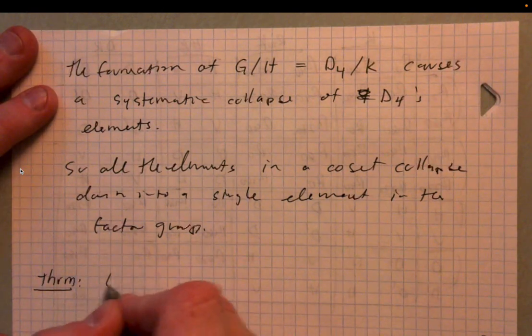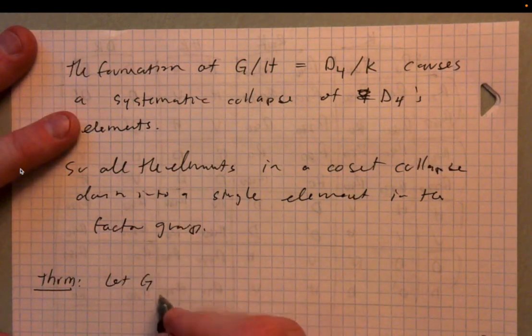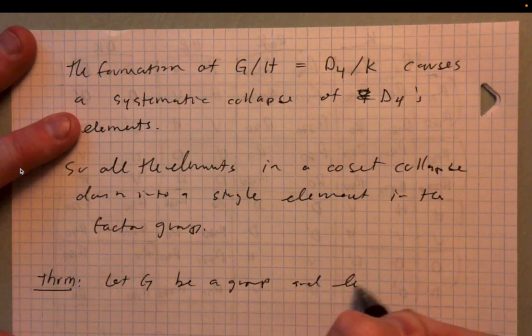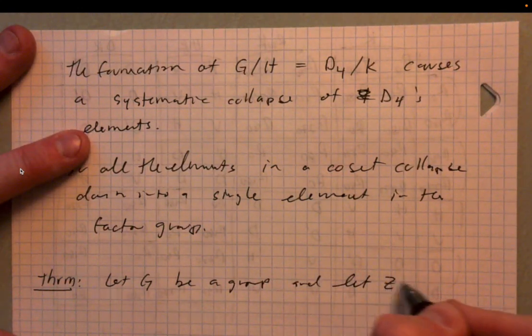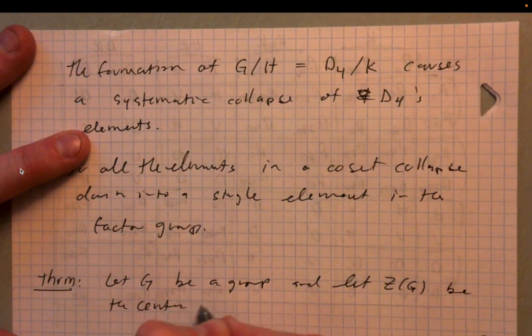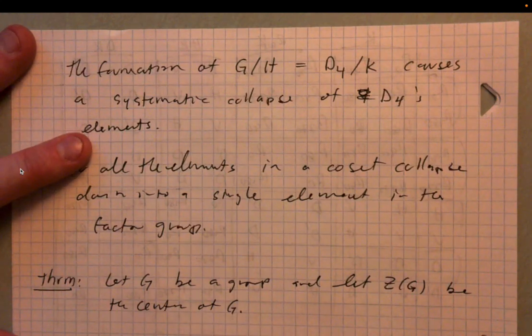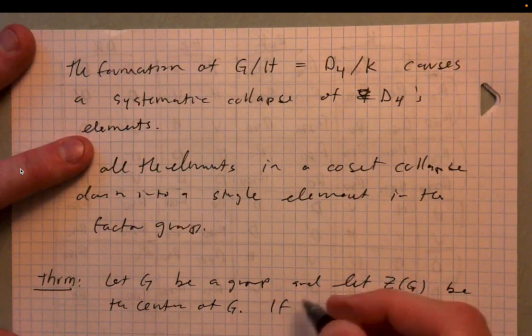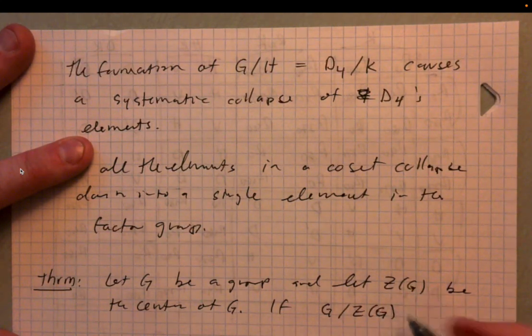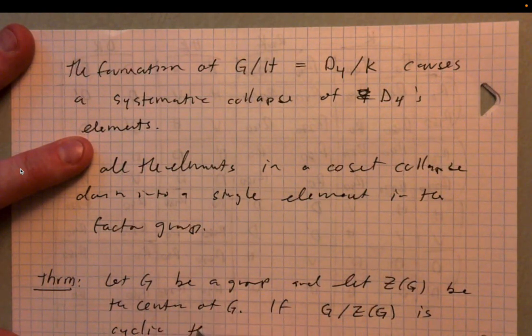But the first one says, let G be a group, and let ZG be the center of G. If G mod ZG is cyclic, then G is abelian.